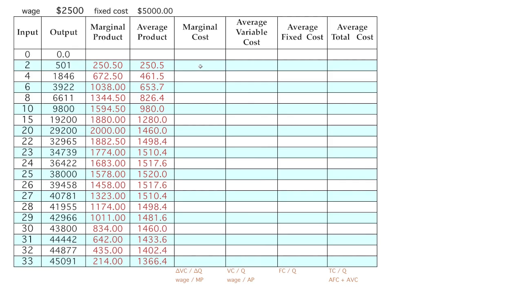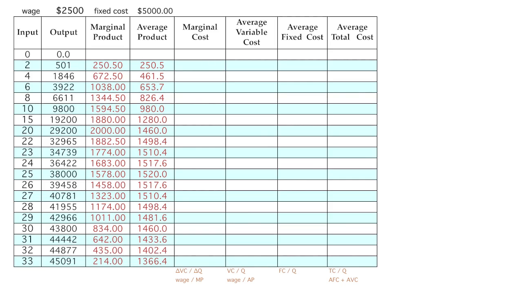Another way to get that answer, it turns out if you do a little bit of math, is to take the wage divided by the marginal product. Now, if you already have the marginal product filled in, taking the wage and dividing it by the marginal product might be the easier way of doing it.